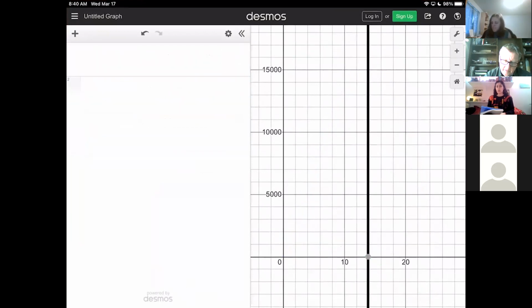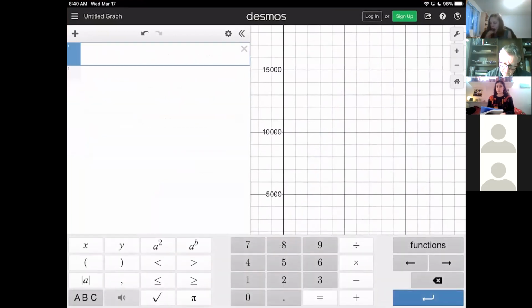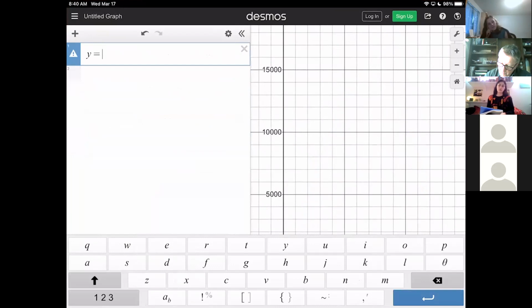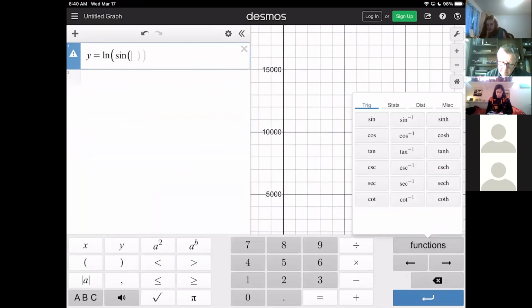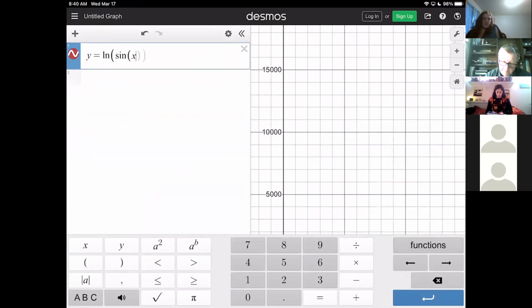Doesn't it feel like that's not good? I don't want the integral of that. Y equals the natural log of the sine of x, bam.